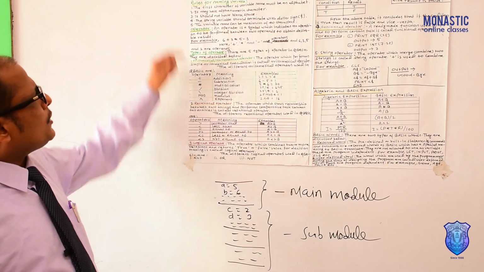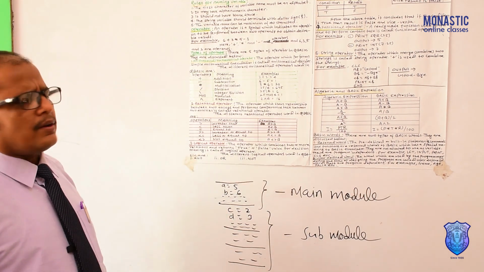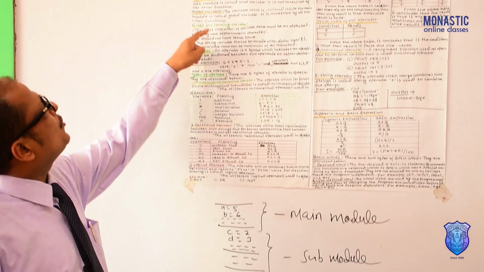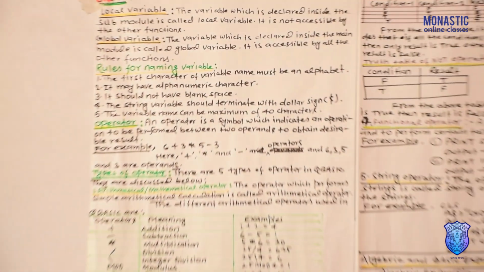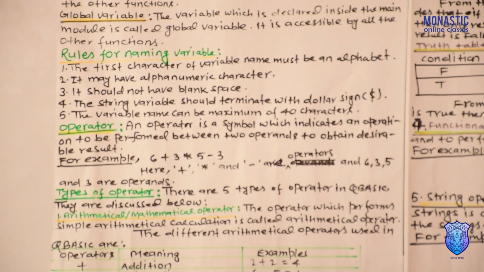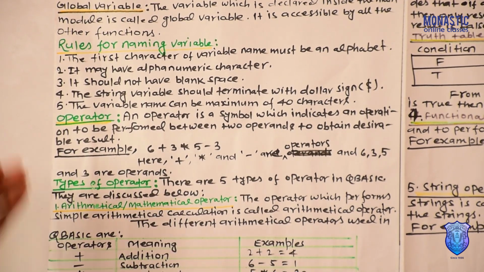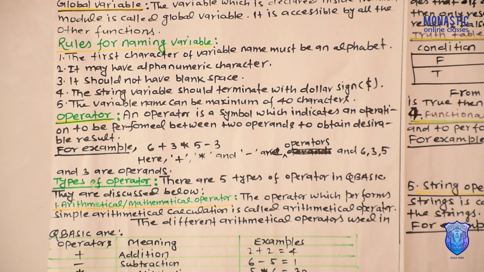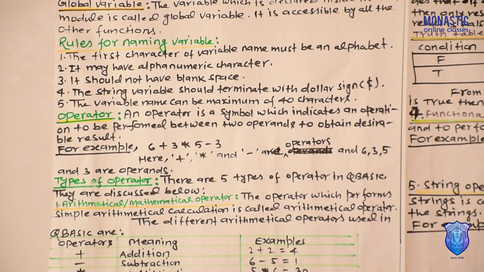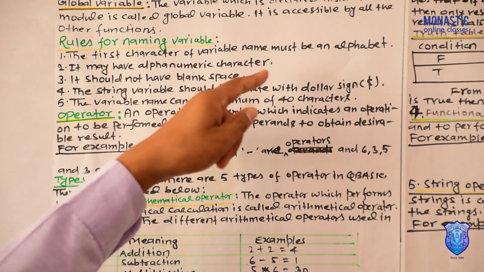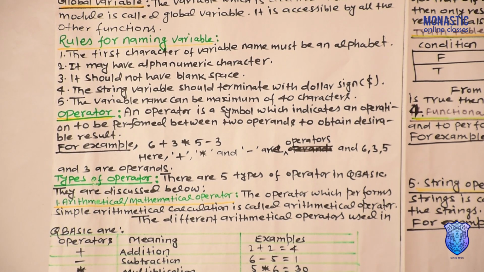Now move to another. The next topic is rules for creating a variable. While creating a variable, certain things we have to keep in mind. Number one, the first character of a variable name must be an alphabet.